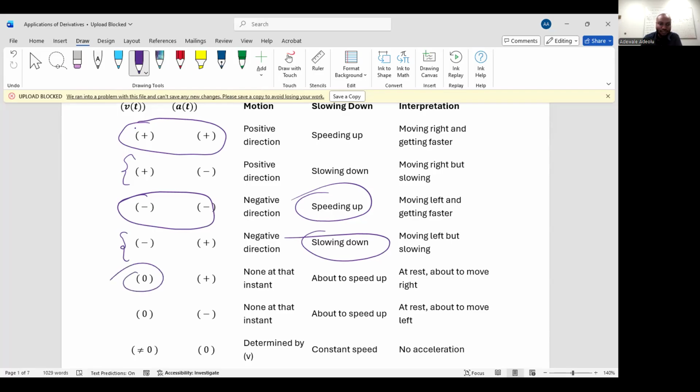When your velocity is zero, that is you are not moving, and the acceleration is positive, it means you are about to speed up. The same thing if it is zero and your acceleration is negative, it means you're about to speed up as well, but you are at rest, about to move left.